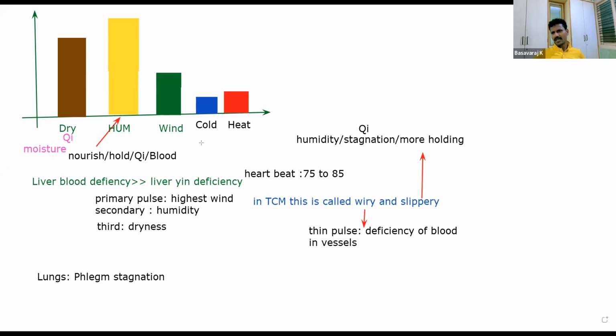If anybody had this, please share your experience. Those who have migraine, this is a combination. See, each and every element when it rises behaves differently.